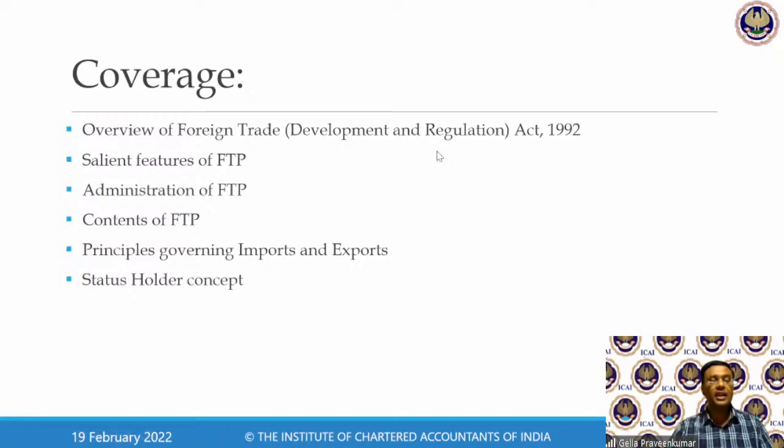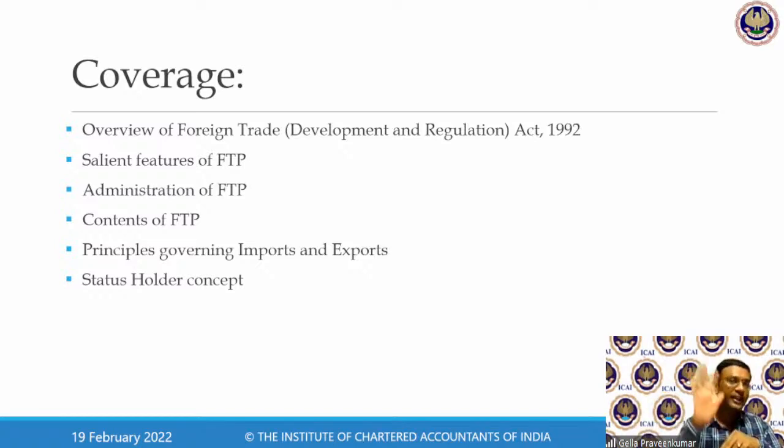Status holder. Now, this is one concept which has got importance over a period of time. Most of you who don't have an experience or exposure, you go back to your assessee, your client and ask, say you have been doing exports for last 4 years, last 5 years. Do you enjoy this status holder certificate, status holder category? You ask them, which status you having? Is it 1 star, 2 star, 3 star, 4 star, 5 star?